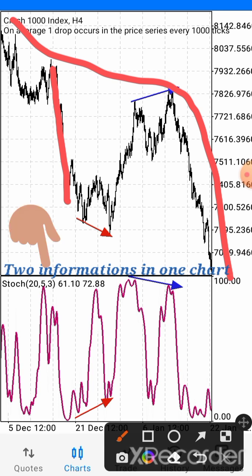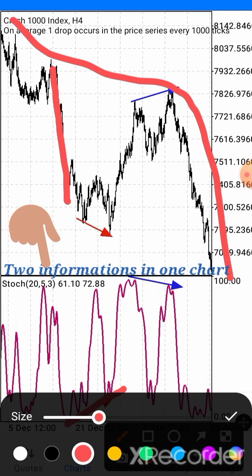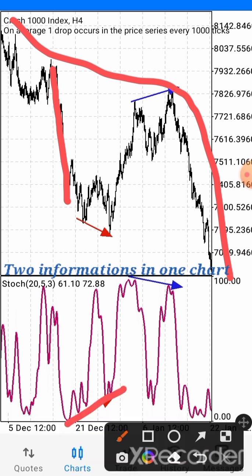It gave us information here. This is a counter direction. Price heading down, indicator heading up. This is what I call the regular divergence.